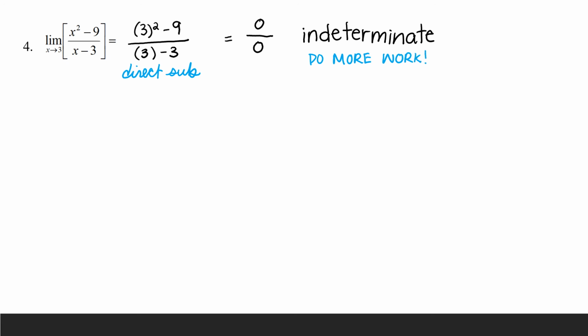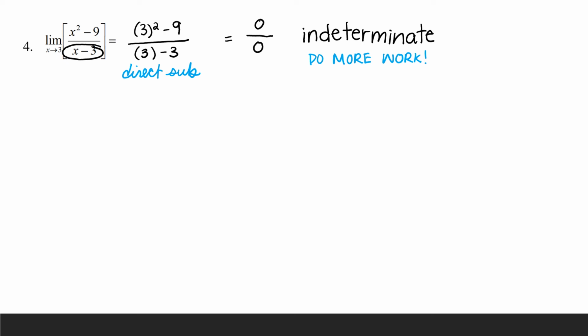But what work do we do? Well, when I look at this, the main problem that I have is with that x minus 3 in the denominator. We're okay with a 0 in the numerator as long as the denominator is something other than 0.